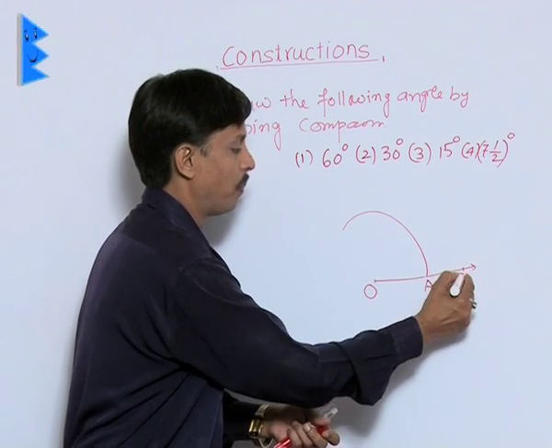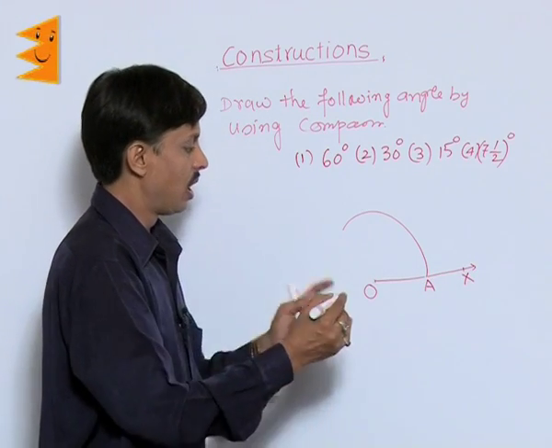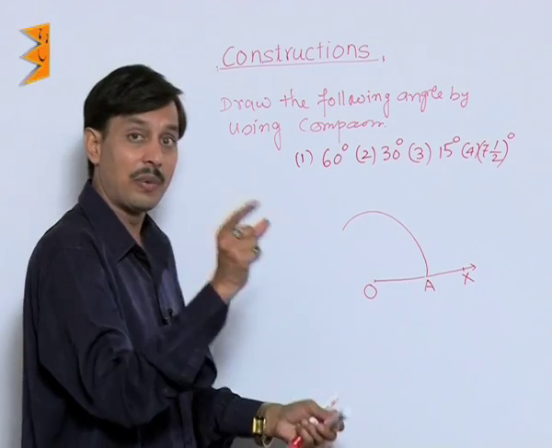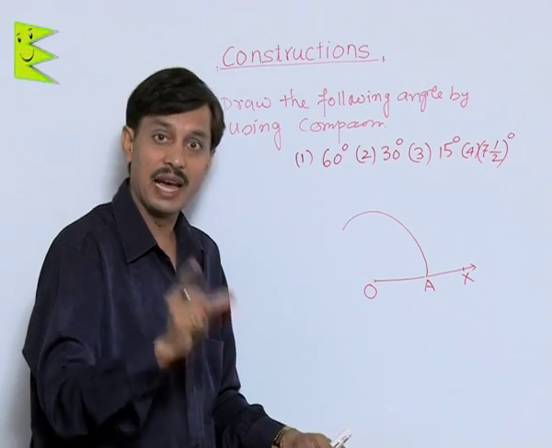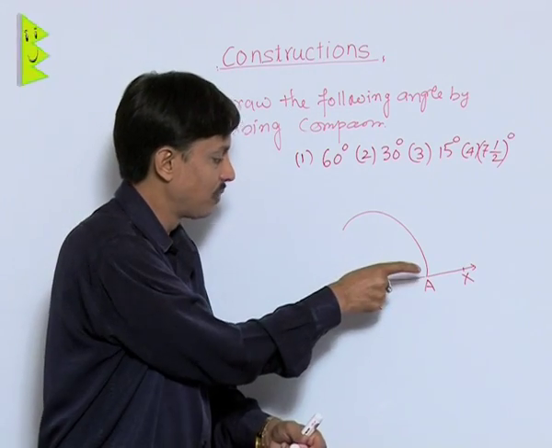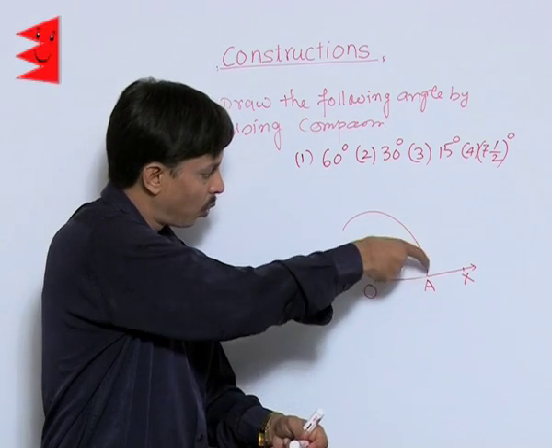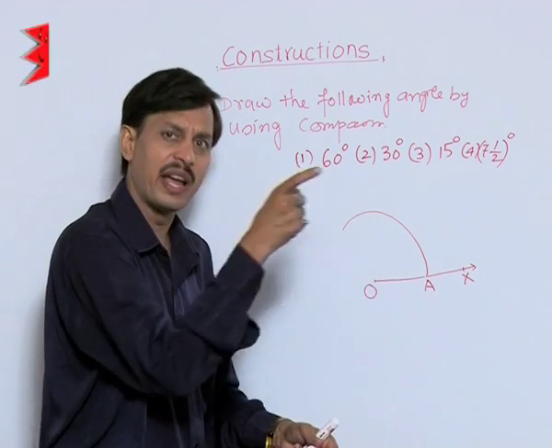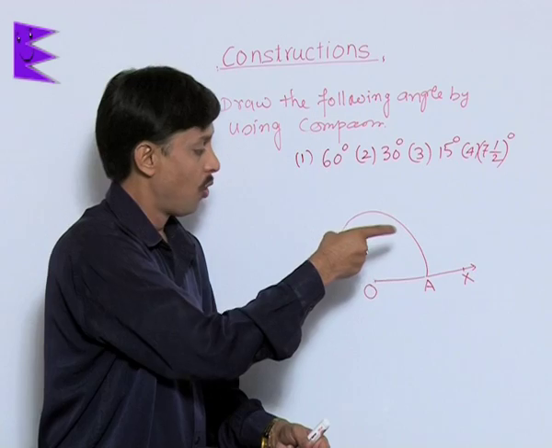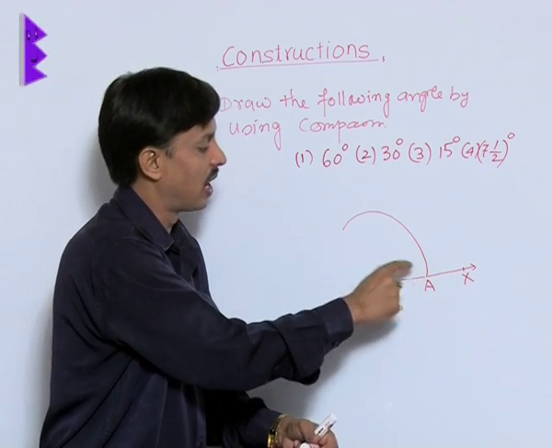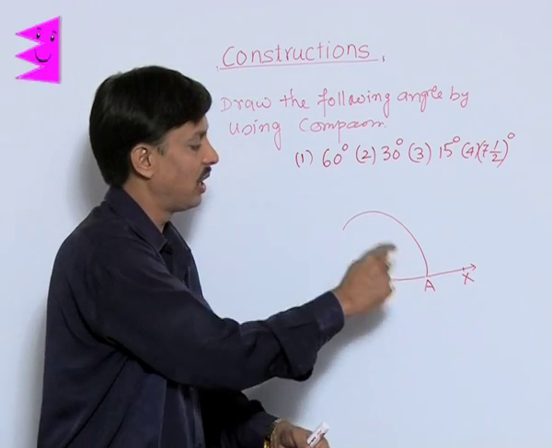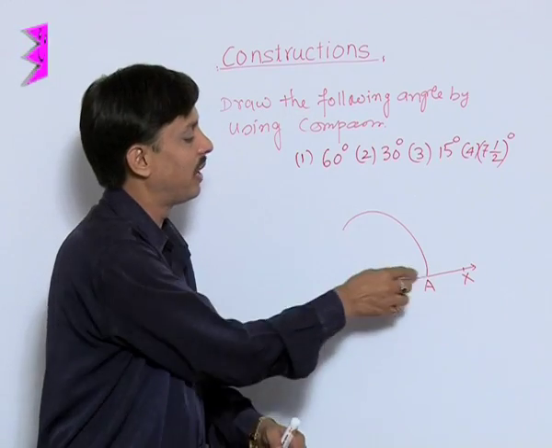OX is the base ray. So we have taken O as center and OA as radius, or any convenient radius, and the point where the arc starts is labeled as A on the ray.